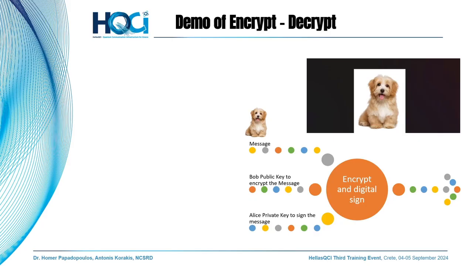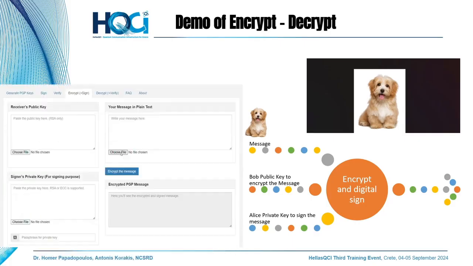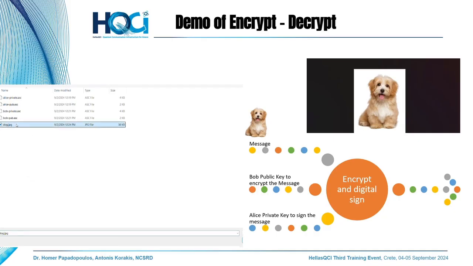This is conducted automatically by the applications that are working. So this is how it works: get the message, get the public key, encrypt it, use your private key, sign it, and this is how it works in practice.